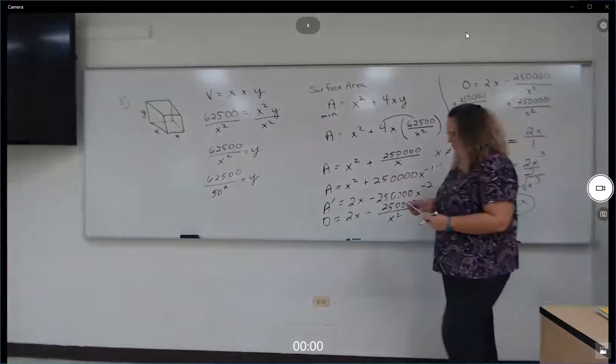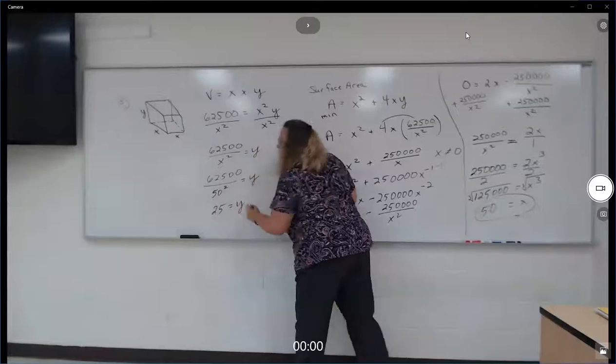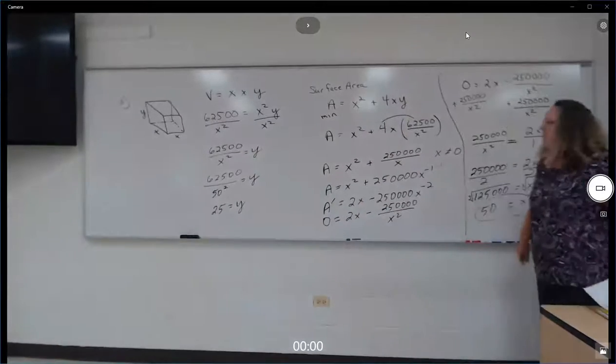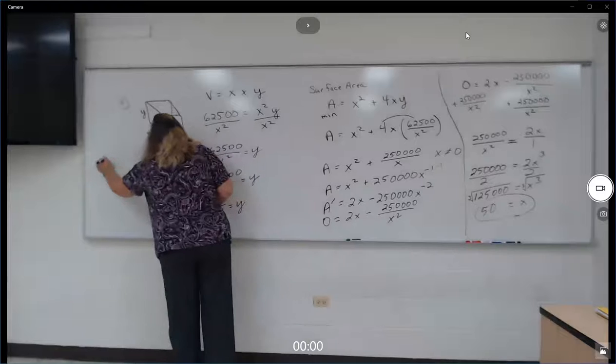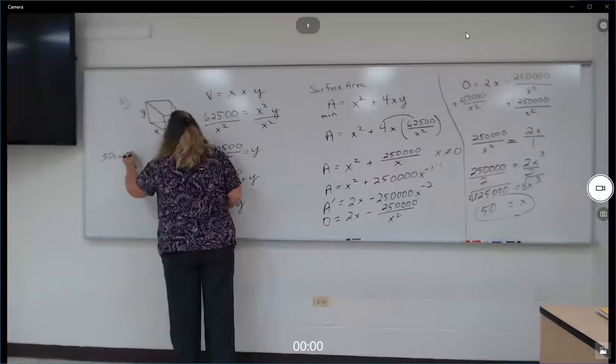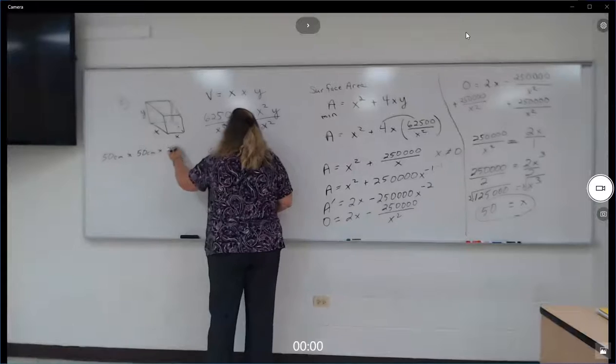We got 25 for that. Did anyone else? Okay. So the dimensions would be, I think it was in centimeters, 50 centimeters by 50 centimeters, and then the height of 25.